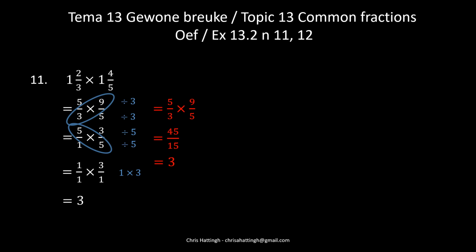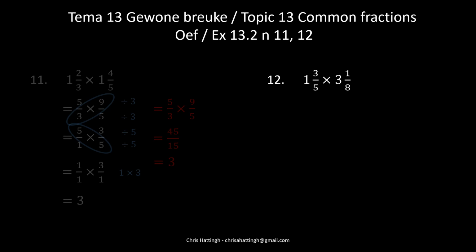Number 12. Convert it to improper fractions. So it's going to be 8 over 5 times 25 over 8. You can simplify the 5 and the 25 by dividing by 5. So 25 divided by 5 gives you 5, and 5 divided by 5 gives you 1.